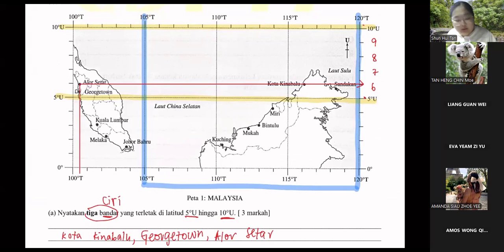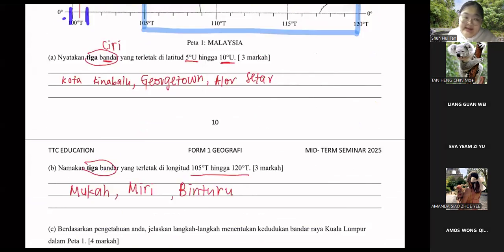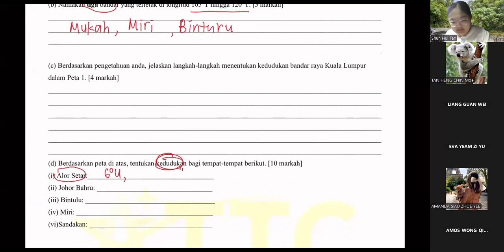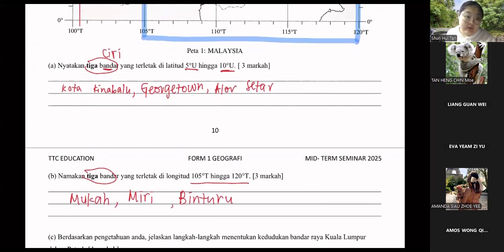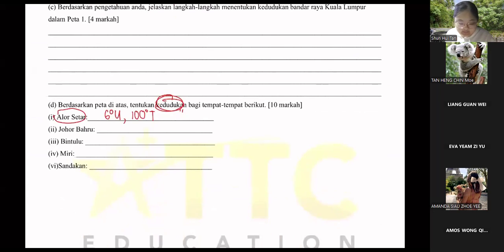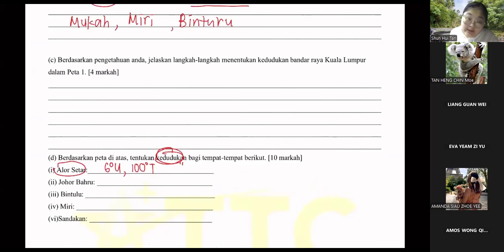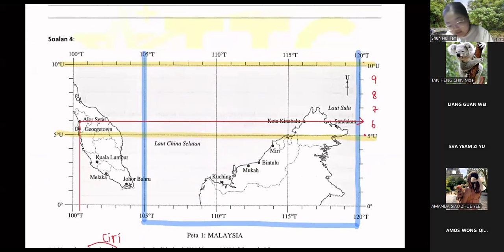Because they are in between 100 and 101, we will just treat it as 100. 100 T. Okay, because they haven't touched the 101 line. They haven't crossed the line. Then we will just treat it as 100.